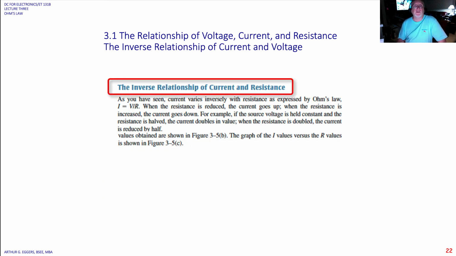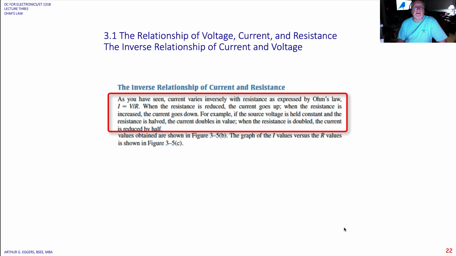Looking at inverse relationships of current and voltage. As you've seen, current varies inversely with resistance as expressed by Ohm's law. Current is equal to voltage divided by resistance. When the resistance is reduced, the current goes up. That's your inverse relationship. When the resistance is increased, the current goes down.